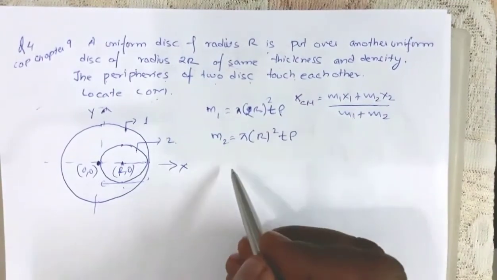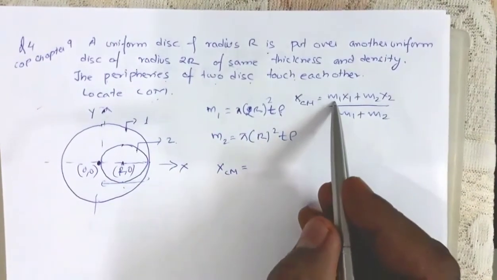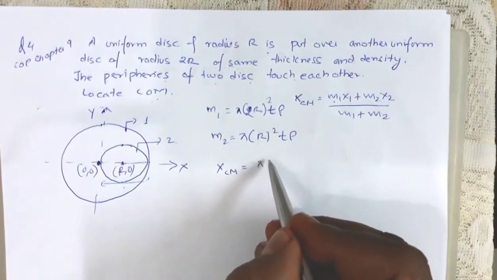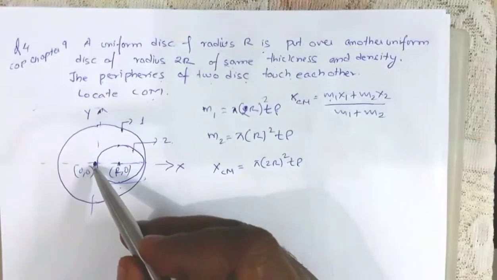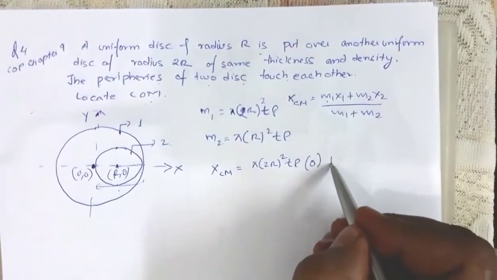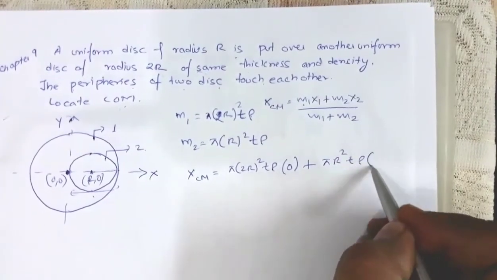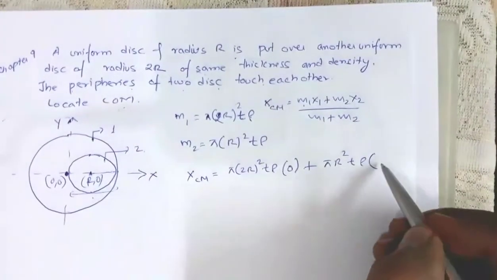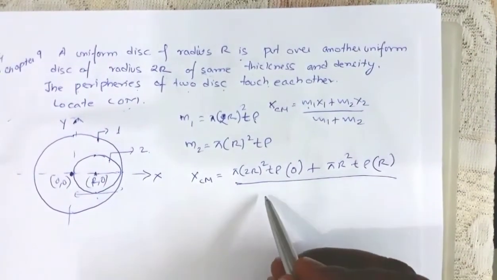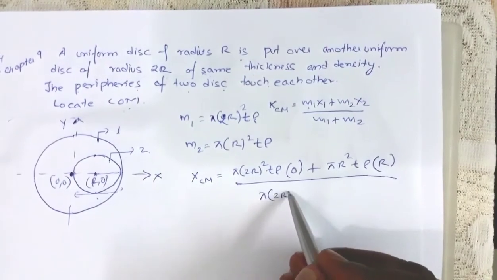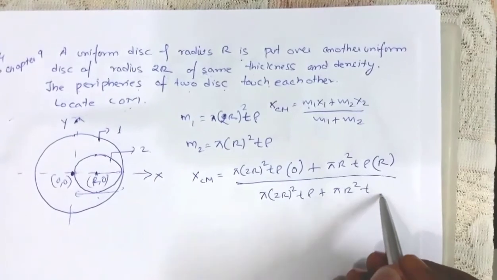So if I substitute these values, xcm will be m1, which is pi into twice r squared t rho, into x1. What is x1? It is 0. Plus m2, pi r squared t rho, into x2, and x2 is r, divided by m1 plus m2, that is pi twice r squared t rho plus pi r squared t rho.